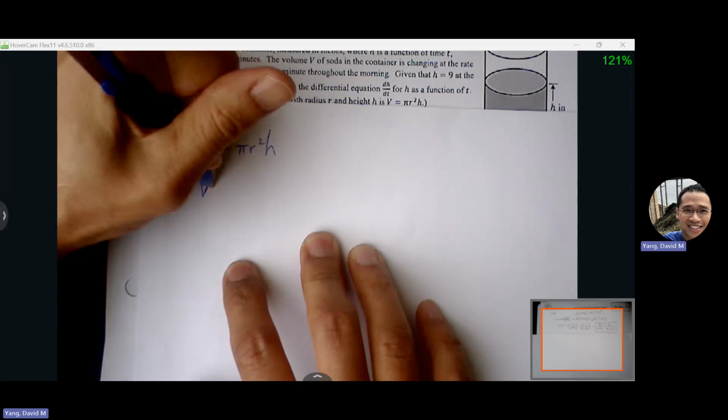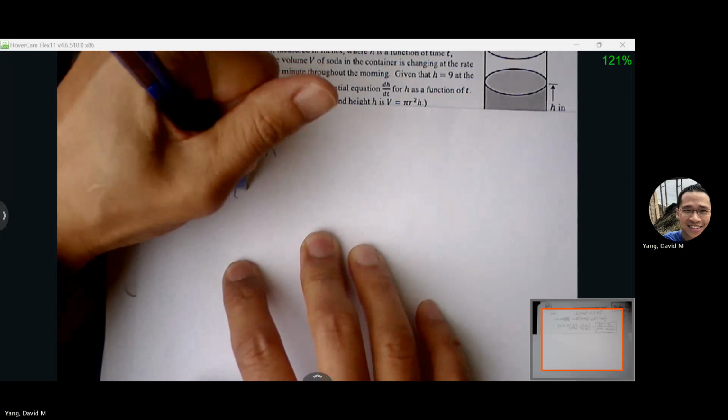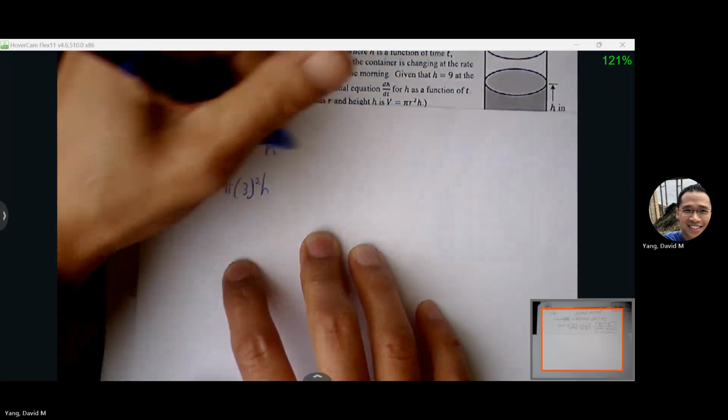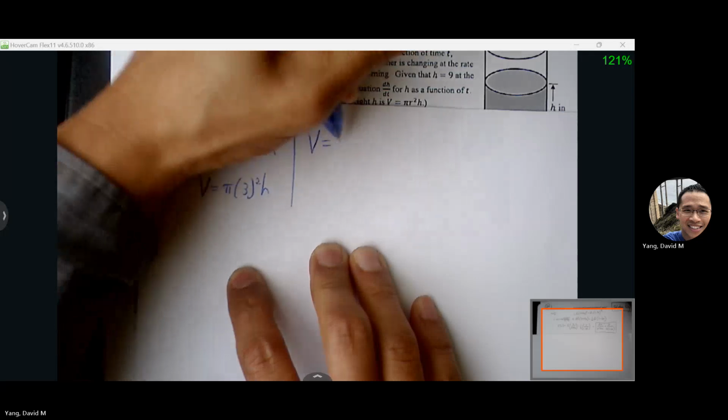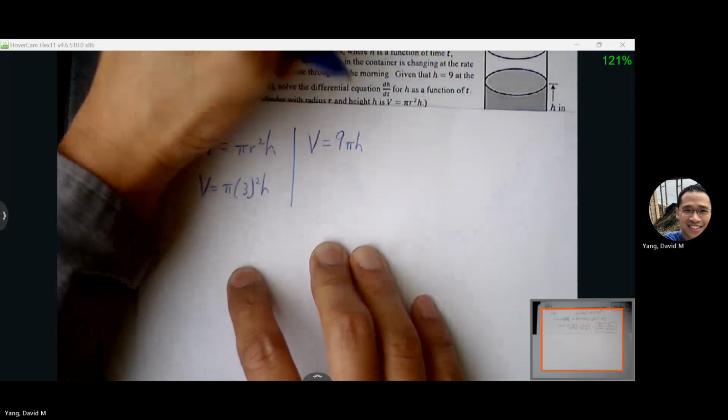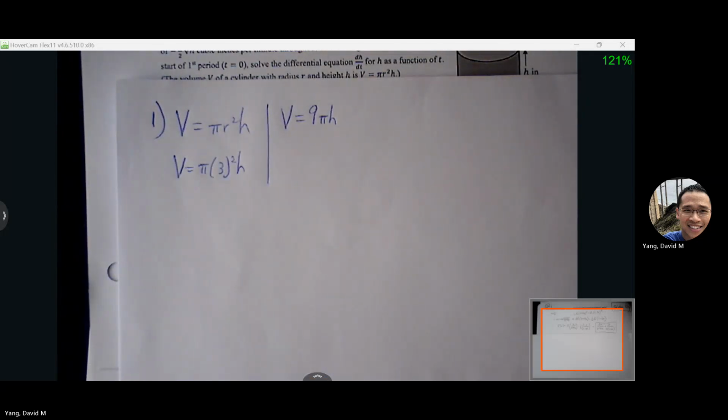So we know we can just go ahead and replace your radius with 3. And now we can find dV/dt.